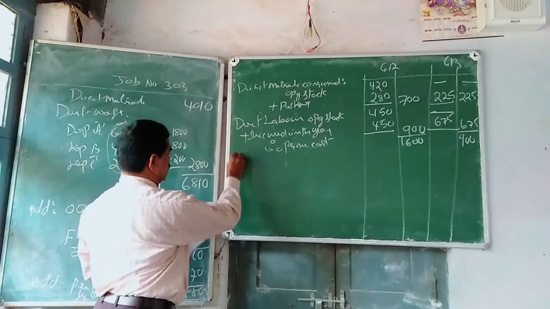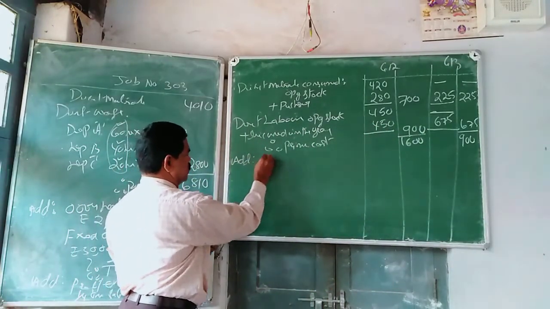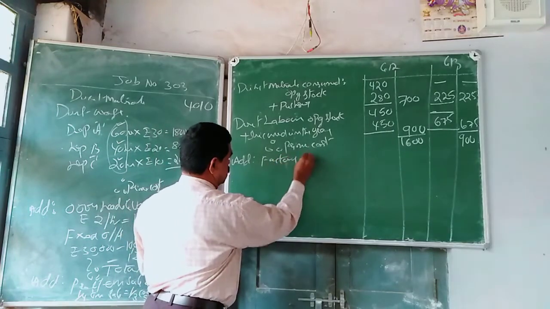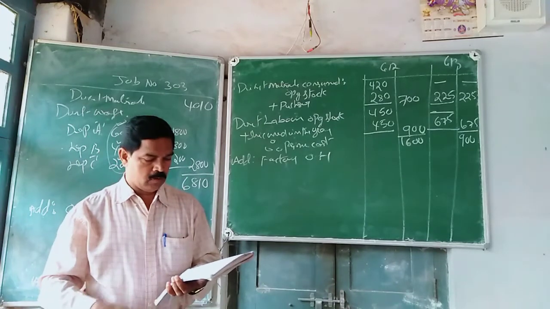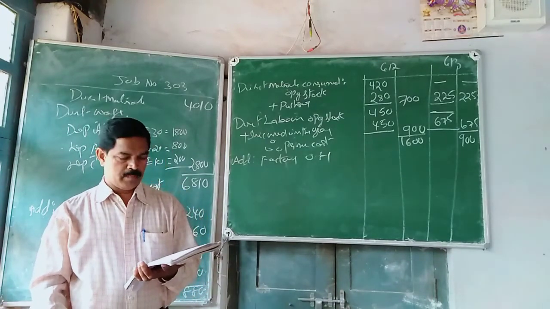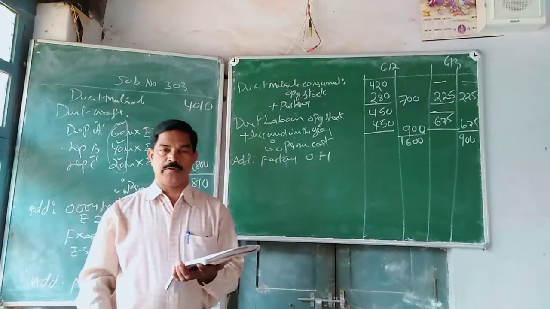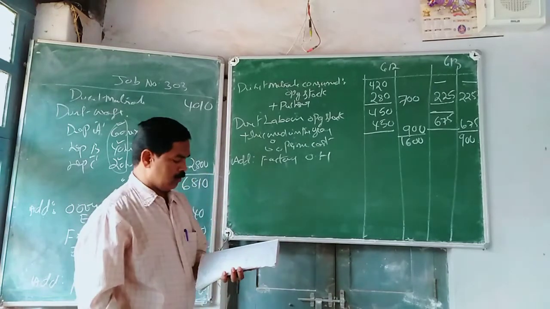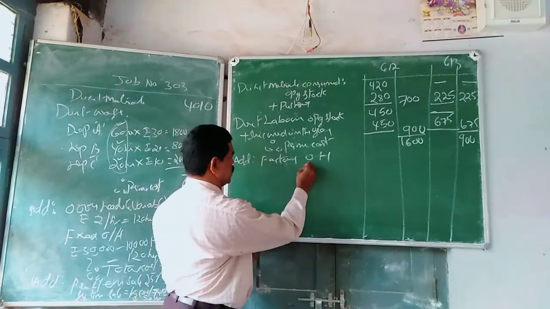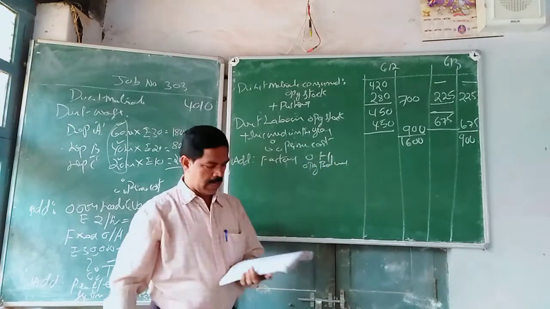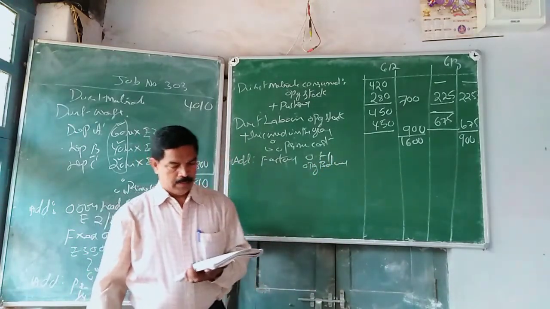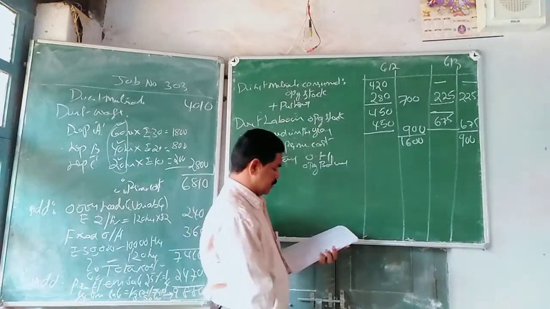To this we add factory overheads. Opening balance is there. Then again incurred during the year we have to calculate. Factory overhead opening balance for 612 is 400.